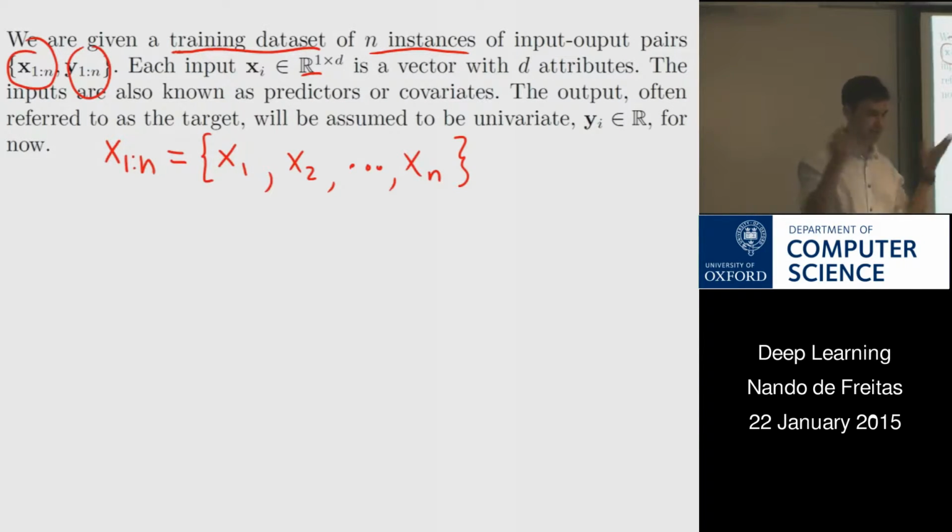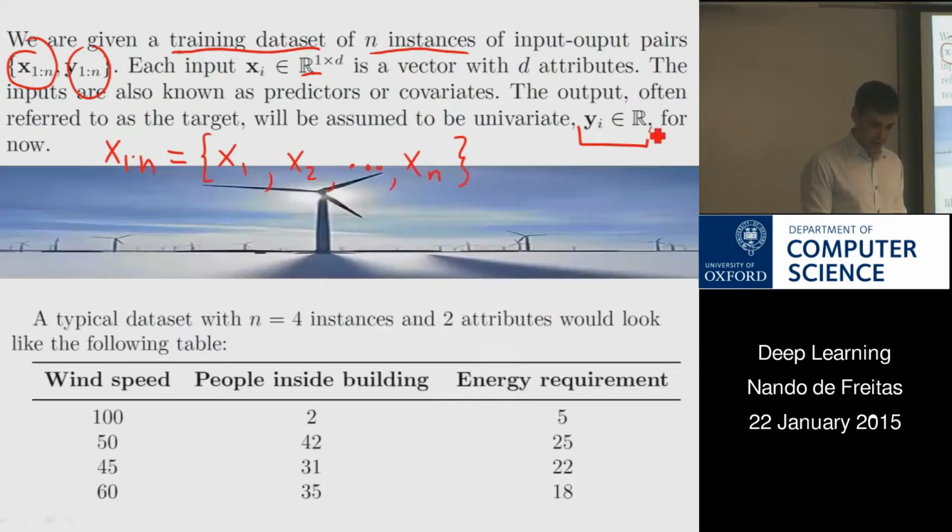But let's say they're just d numbers, or d inputs, the attributes, also known as the predictors. The output is going to be the target, and for linear regression, for simplicity, we're going to assume that the output is just one single real number. The inputs could be integers or other things, but that's not too important. So let's look at an example.